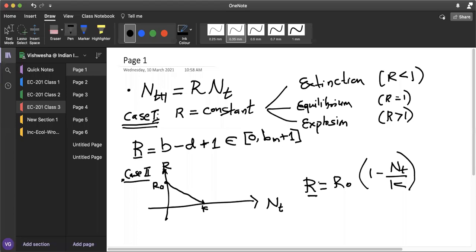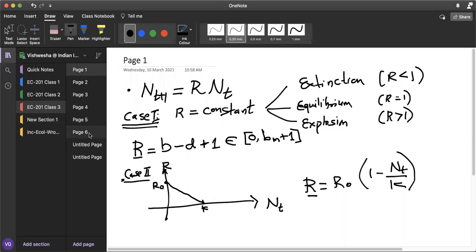Everybody in the current generation is dying, but they are not reproducing at all. So when N is equal to K, B is equal to 0 and D is equal to 1. That's why in this model you cannot reach a value of X equal to 1.